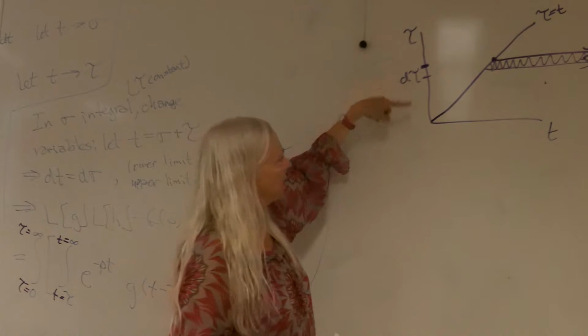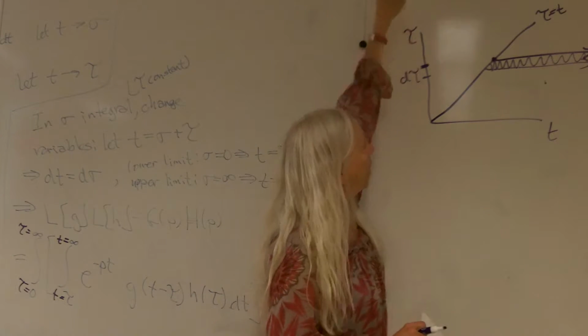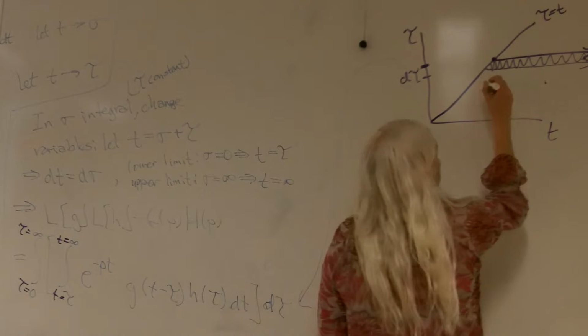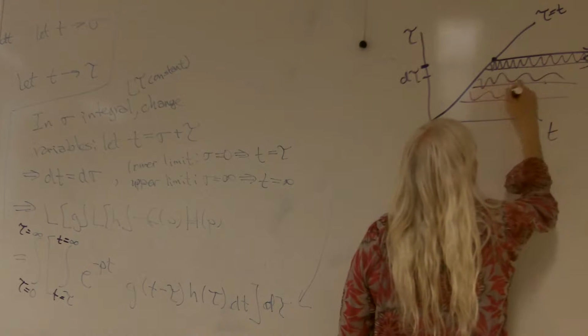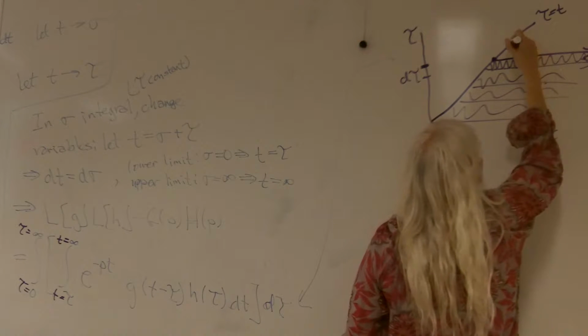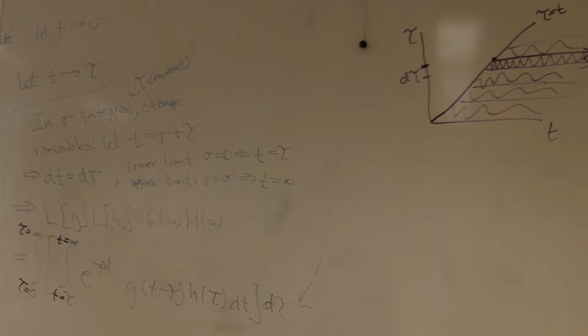So on the tau axis, we're starting down here at tau equals 0, going all the way up to tau equals infinity. In other words, as we do that, we're including this strip, and this strip, and this strip, and this strip, and so on. So it's sort of like a Riemann sum, except it turns sideways, right? Usually you think of the Riemann sum as consisting of vertical bars, not horizontal bars like that.